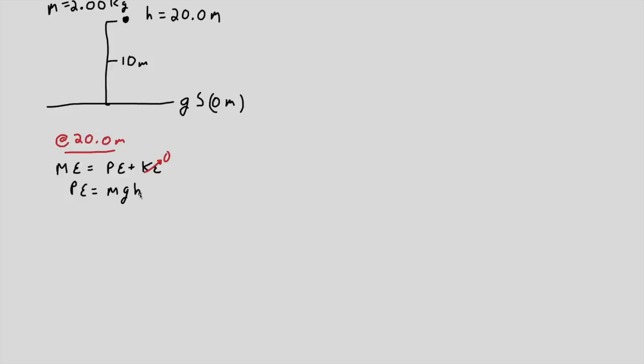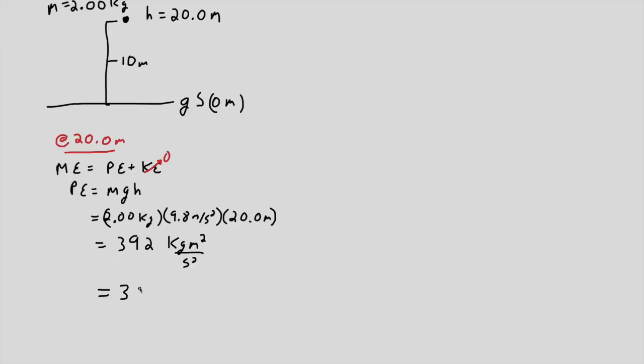Using the potential energy formula, potential energy equals mass times gravity times height, we can find that it's going to be 2.00 kilograms times 9.8 meters per second squared times 20.0 meters, and we're going to wind up with 392 kilogram meter squared per second squared, which hopefully you can recognize as 392 joules.